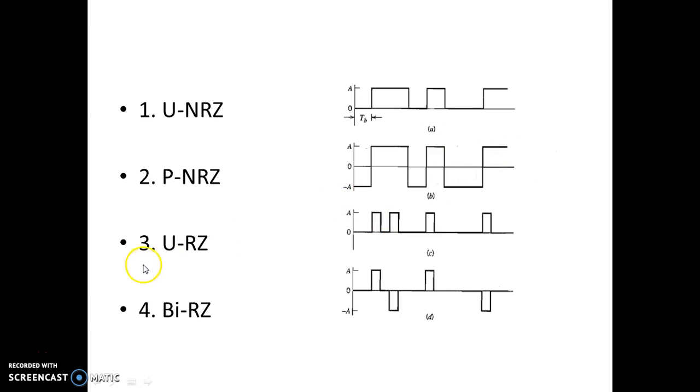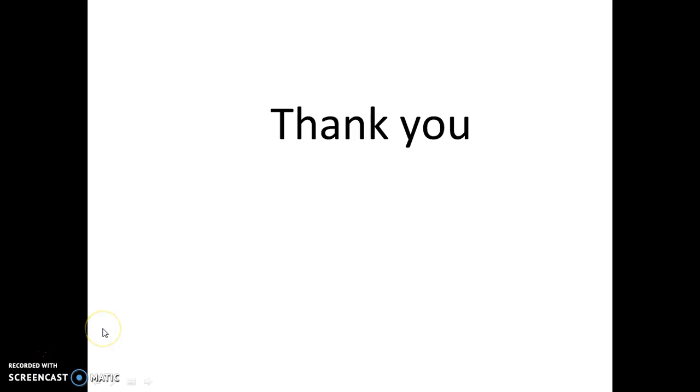Next is bipolar return to 0, which has two poles, plus or minus, but again it is a return to 0 type of signaling. After a fraction of the bit duration it comes back to 0 and then changes its amplitude only for the next bit duration. That's all for this video. Thank you so much.